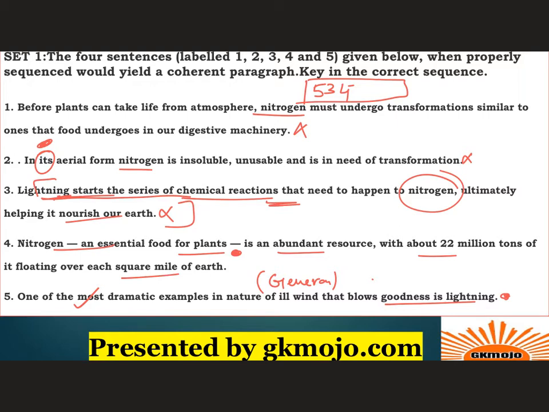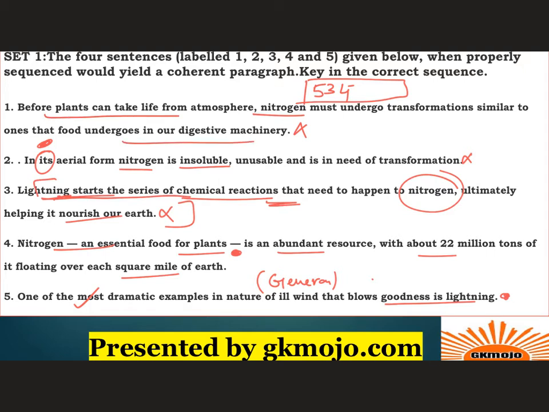Also, have a look between 2 and 1. It's a link, it's a mandatory pair. 2 explains that aerial nitrogen is unusable by plants, and 1 expands on this, right? 2 is explaining why nitrogen is unusable, and 1 is just expanding on that idea of the second sentence.